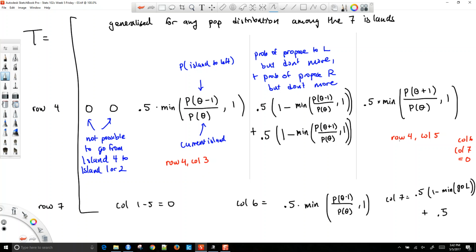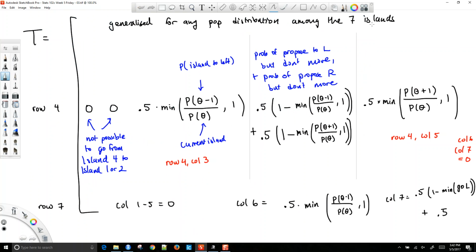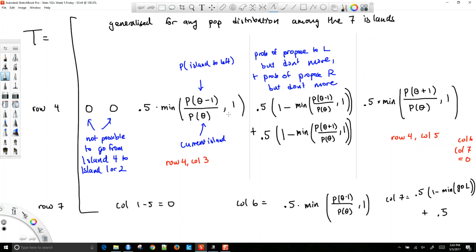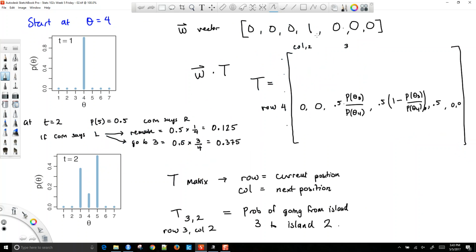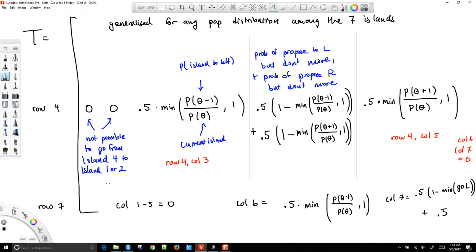If I multiply my current state of zeros and a one, 0, 0, 1, 0, 0, 0, by the transition matrix, I'm going to end up with something different. After multiplying this state by my transition matrix, I will get this. And after multiplying this by my transition matrix, I will get something else, which looks like the state 3.